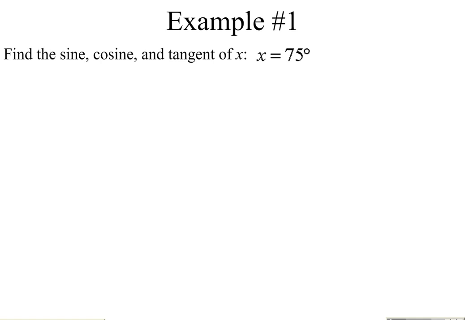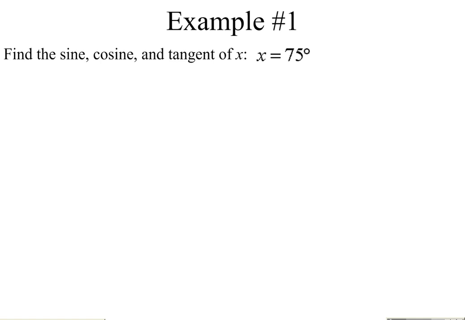Up until now, everything that we have done has been either a multiple of our 0, 30, 45, 60, or 90. In this case now, this is where we can use the sum and difference identities. We do not know how to find the exact value of 75 degrees.